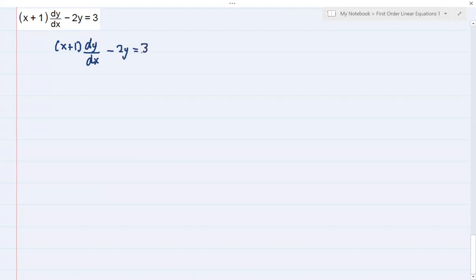Okay, so I'm going to divide both sides by x plus 1 to cancel the coefficient of dy all over dx.